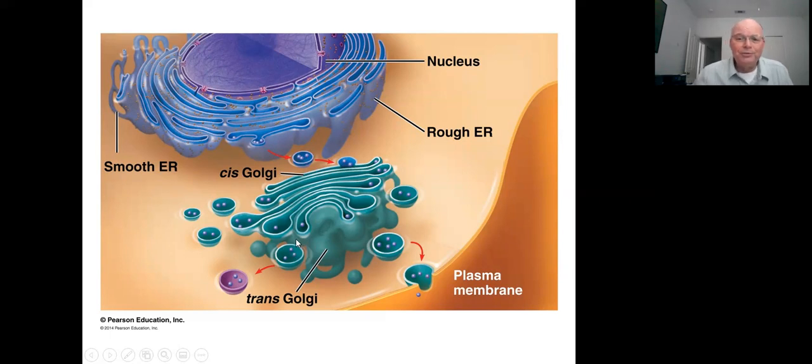Where do those transport vesicles go? Well, they become the lysosomes and peroxisomes, or in fact, most of them come on out and fuse with the plasma membrane. So the lipids of the transport vesicles become incorporated as lipids in the plasma membrane. And any proteins in the membrane of the transport vesicle become proteins in the plasma membrane.